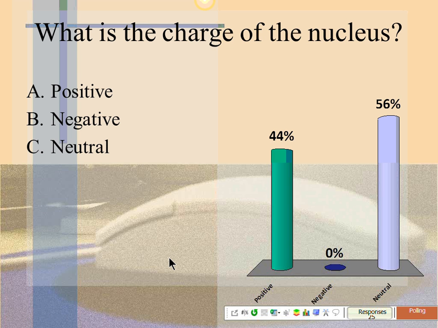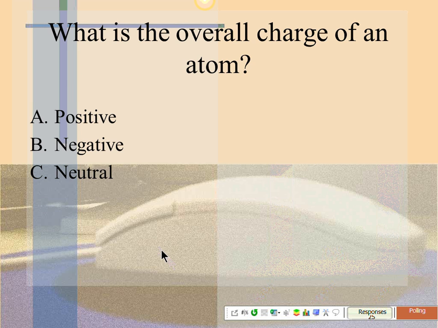Okay, the charge of the nucleus is positive. Remember, what is there in the nucleus? Protons and neutrons. Protons are positive, neutrons are neutral, so no charge. So it's positively charged, right? The nucleus is positively charged. What is the overall charge of an atom? Which is what some of you might have been thinking when I asked that question.